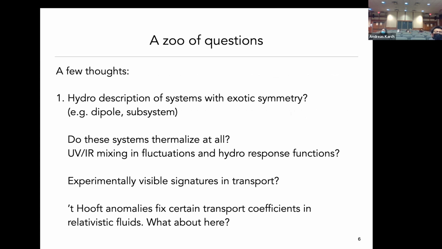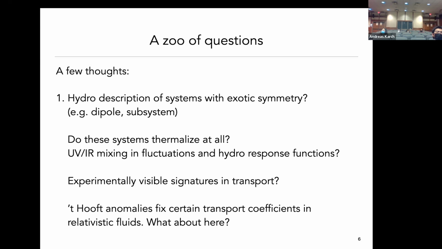If we're going to talk about transport in these models, we need to assume from the get-go that they thermalize. But to what extent is this true? There's, to my knowledge, less work on the chaoticity and finite temperature aspects of interacting models of fractons that would address that. That's an important microscopic input that needs to be addressed.